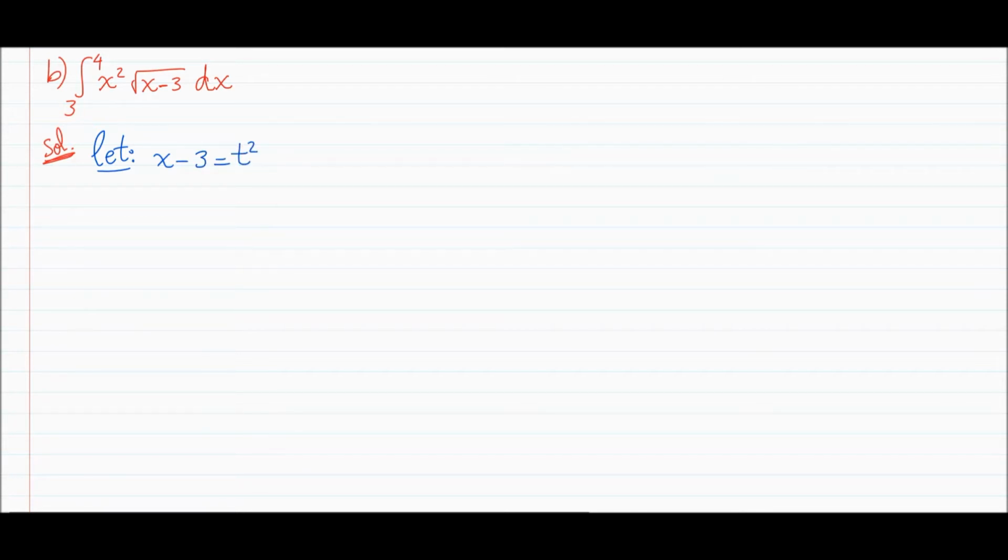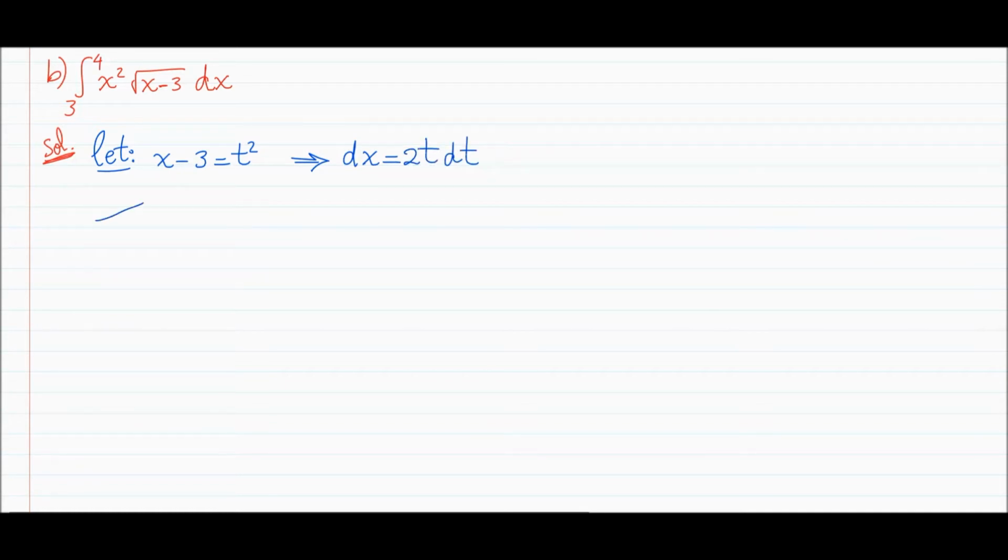Why do I select t squared, not, for example, t? In order to cancel this square root. So in order to find dx, you have to differentiate both sides, with respect to x and t. So here dx will be equal to 2t multiplied by dt.